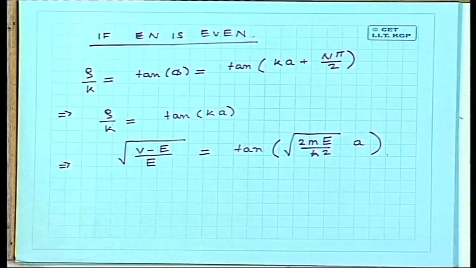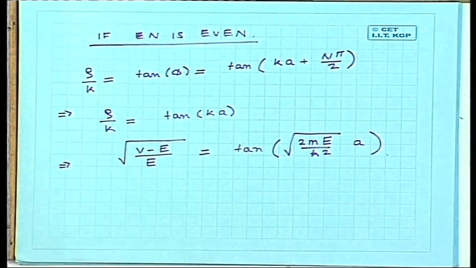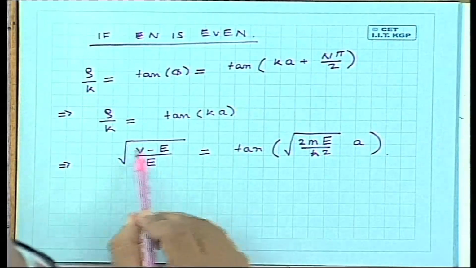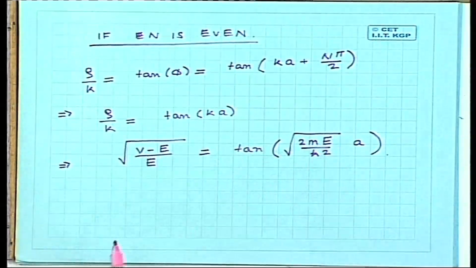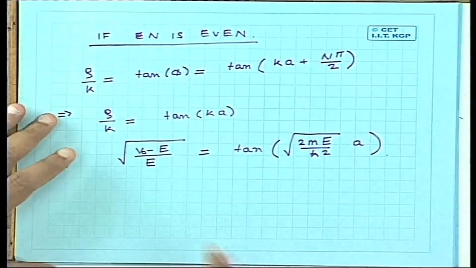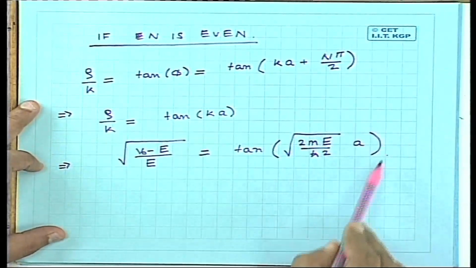So this is the first situation. So we have two kinds of solutions. The first situation, where n is even, implies that the allowed values of energy have to satisfy this equation. So given the potential V naught, the energies which are allowed for the particle have to satisfy this equation.